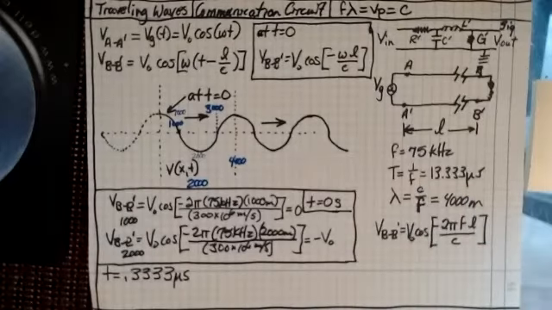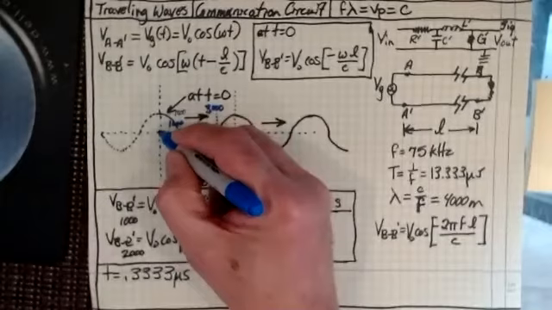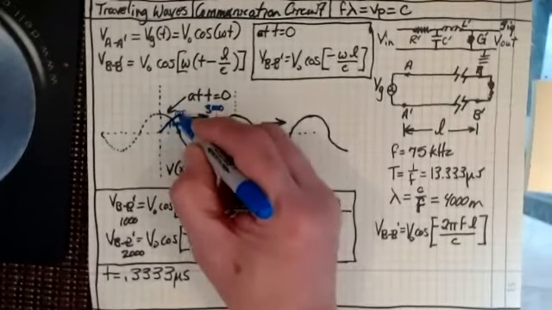Let's draw that wave having shifted to the right 90 degrees in blue.